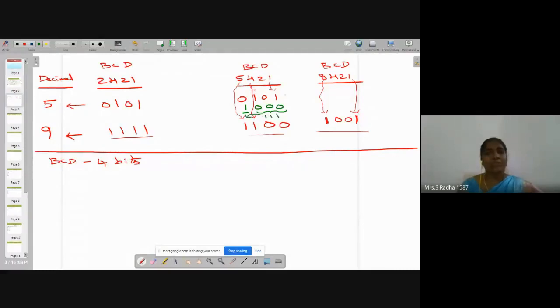Okay. So if you write 0, 1, 2, 3, 4, 5, 6 up to 9, you will understand what I am telling. Okay. So this will give a value 5, but the logic is not followed. That ascending order is not followed, isn't it?